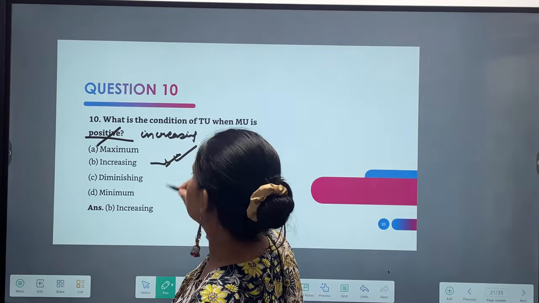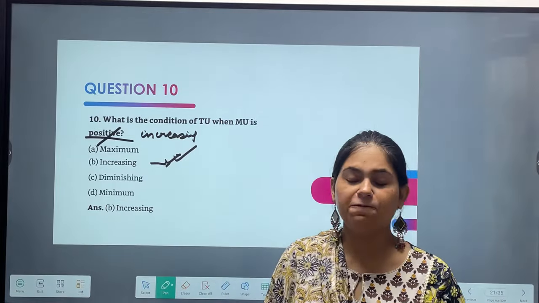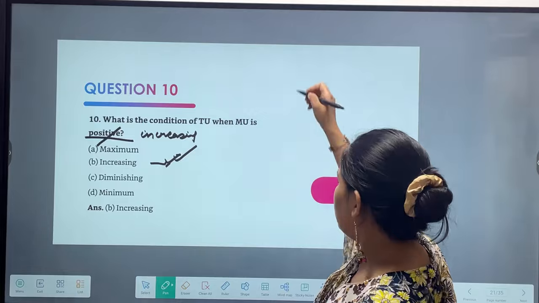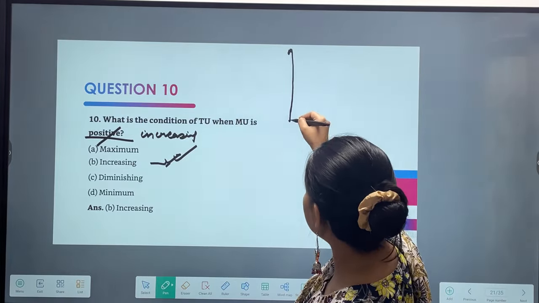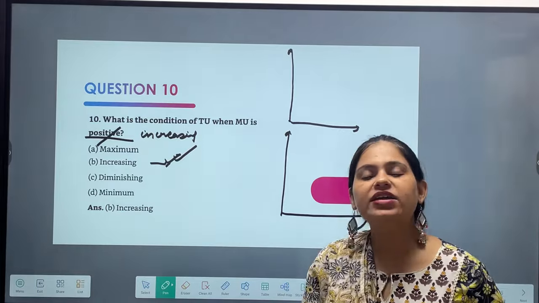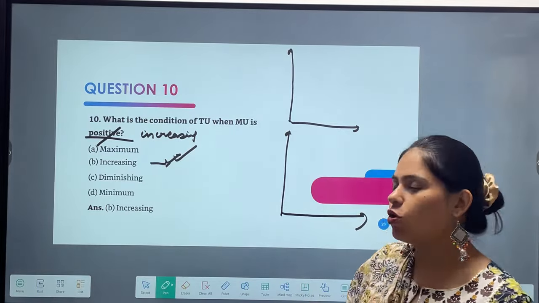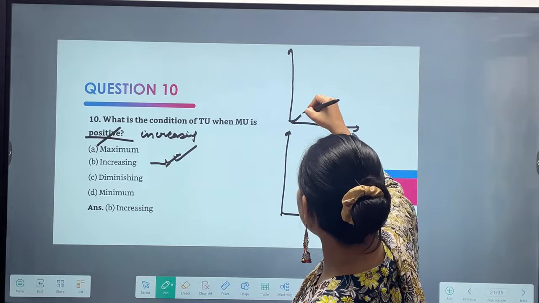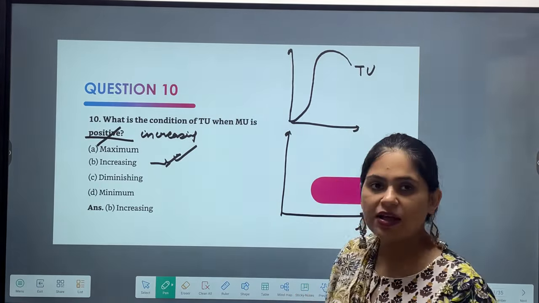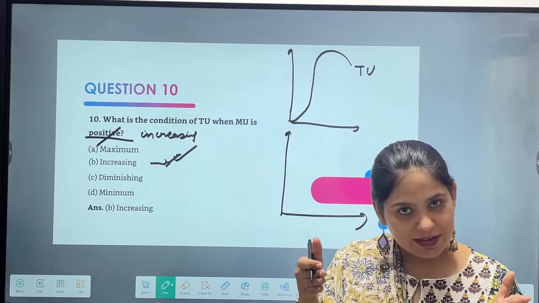When marginal utility is increasing. Now, if you visit class 11th and 12th books, the diagram that multiple books draw is something like this. Many books draw like this. They show an increasing phase of total utility in 2 parts.